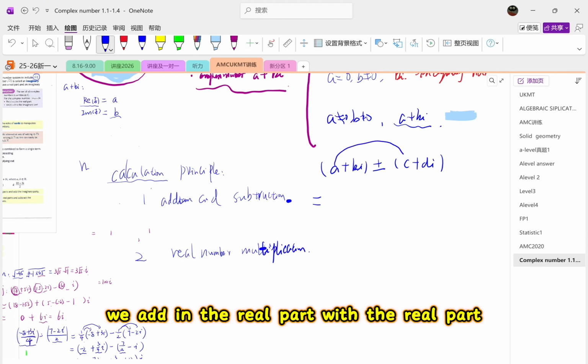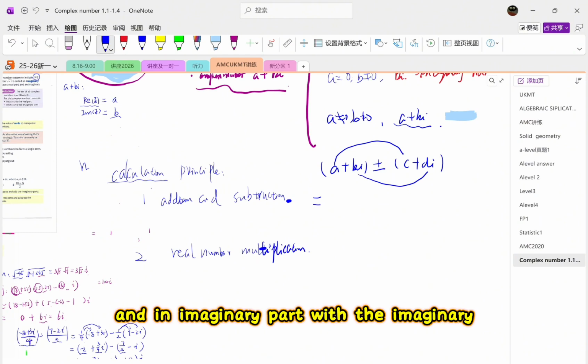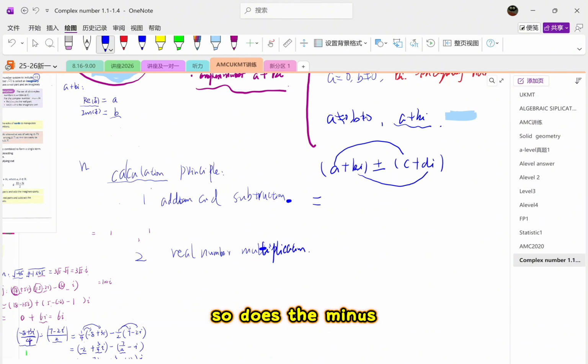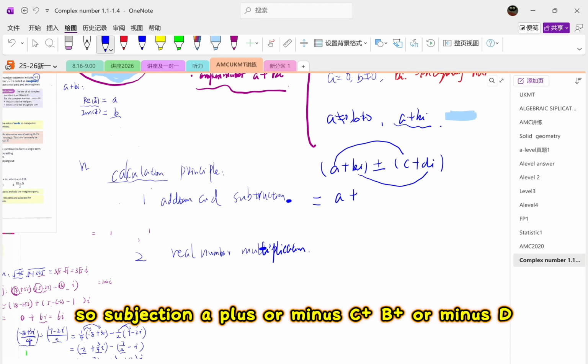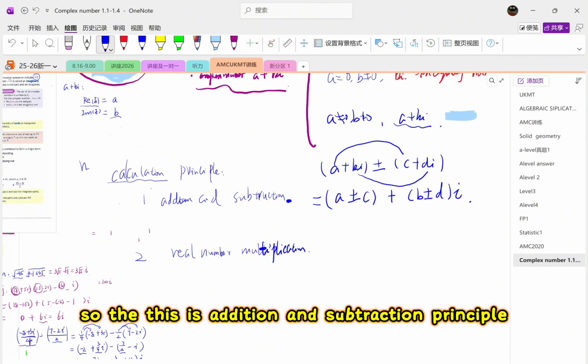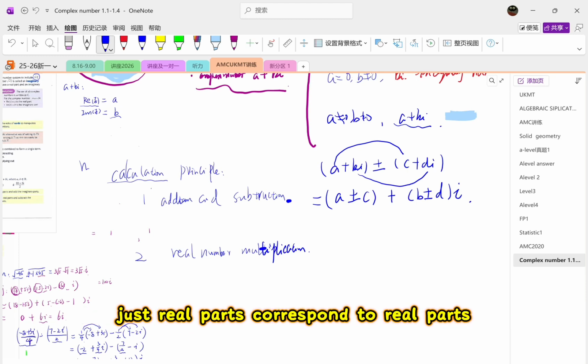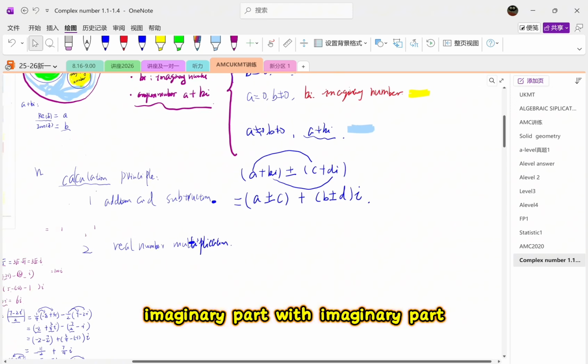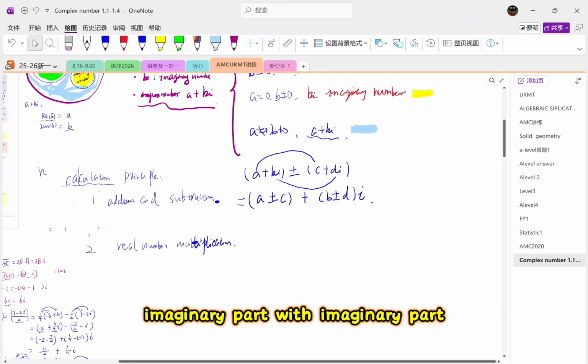We add the real part to the real part, and the imaginary part to the imaginary part. The same for subtraction: a plus or minus c, plus b plus or minus d. So this is the addition and subtraction principle. Real parts correspond to real parts, imaginary parts to imaginary parts.